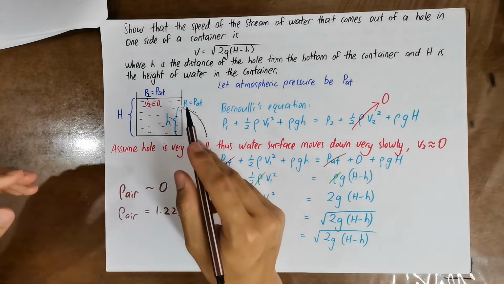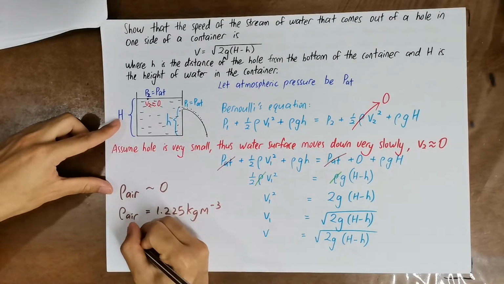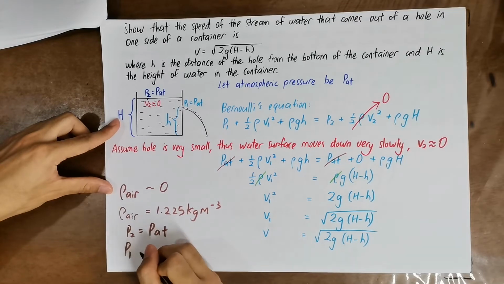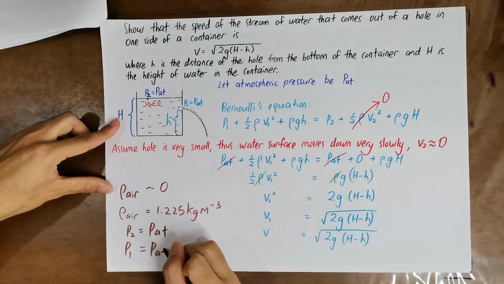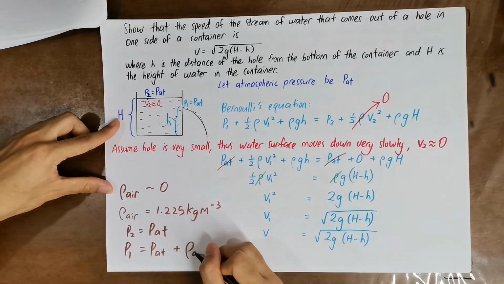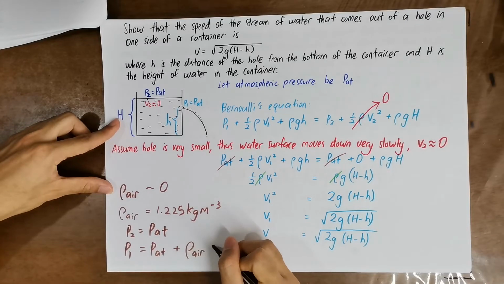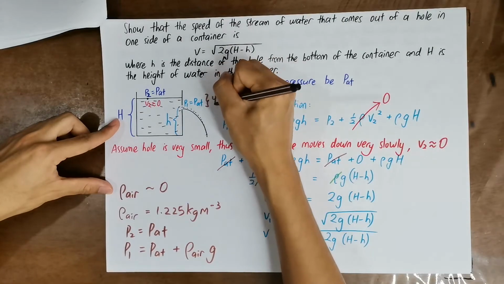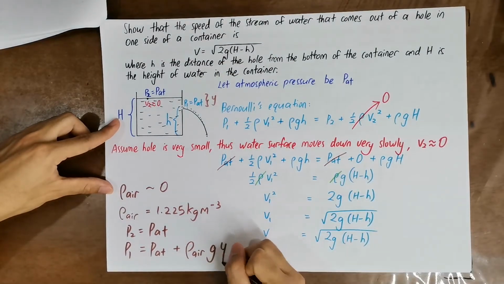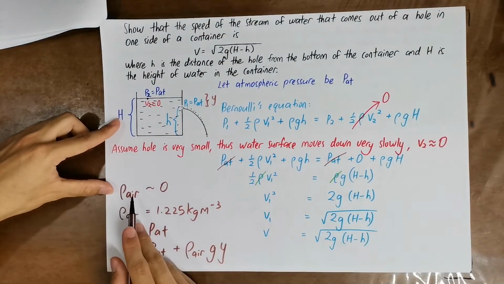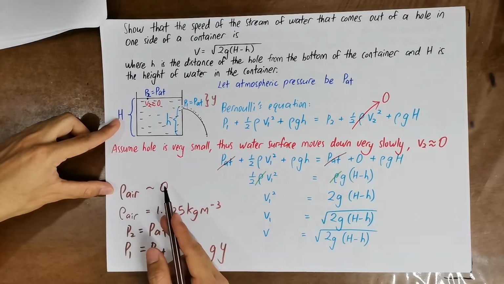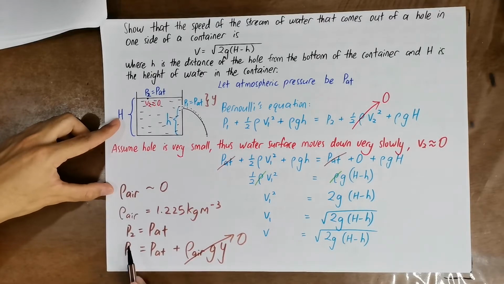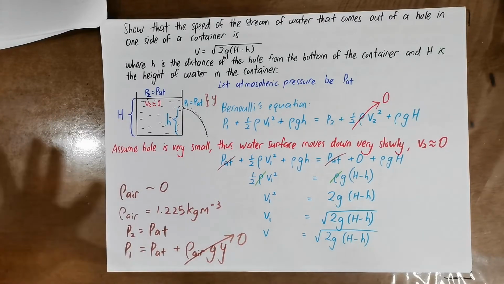If not, then P2 equals atmospheric pressure, and P1 equals atmospheric pressure plus rho g y. However, we assume the density of the air is 0, so we ignore this term. So P1 equals P2 equals atmospheric pressure.